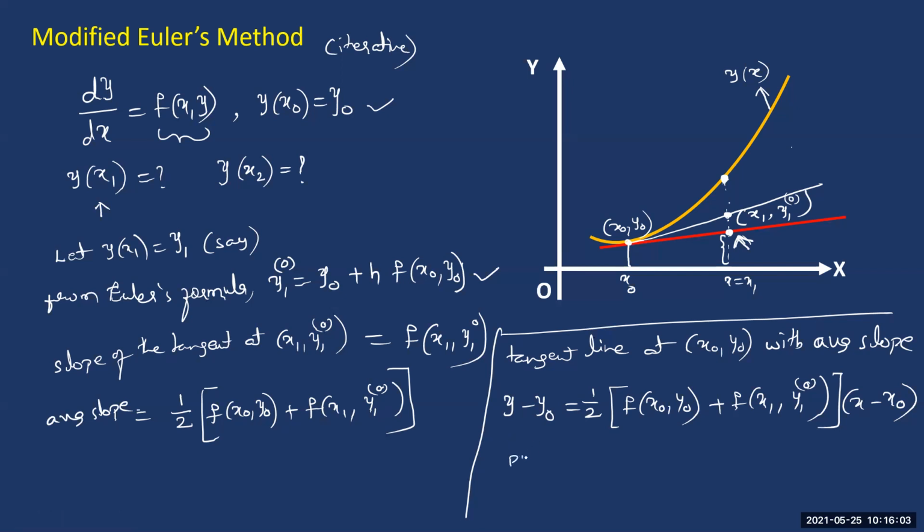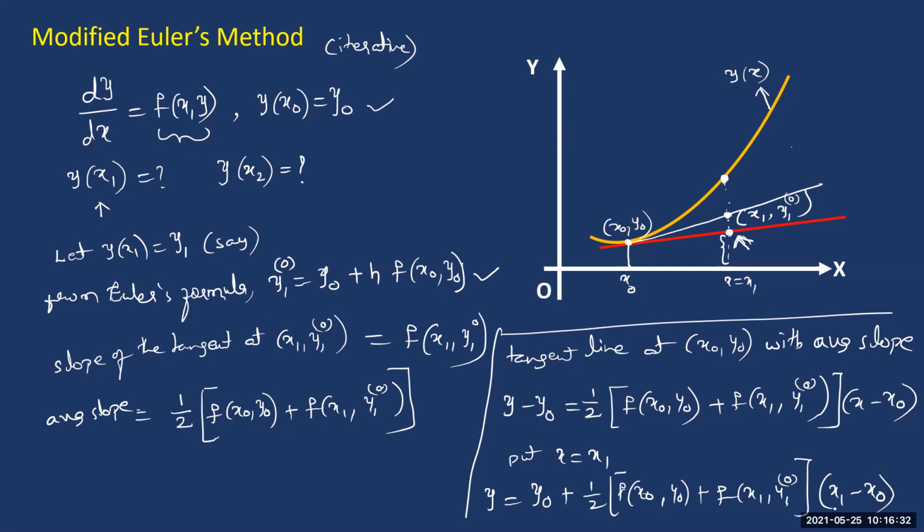Now, if you substitute x is equal to x1 in this, what happens? I'm sending this y0 to the other side, so y is equal to y0 plus, writing all this as it is, 1/2 times f of x0, y0 plus f of x1, y1 zero initially. And now here I'm substituting x is equal to x1, so I'll get x1 minus x0.